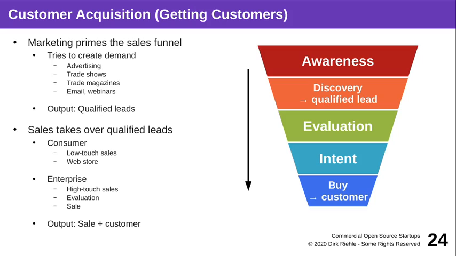While in the evaluation phase, the vendor is trying to get them to really take a close look. So that might imply you have to show up at the customer and demonstrate your product. And if things go well, or at least it used to be like that, you would have to develop a prototype with them or have a proof of concept evaluation.